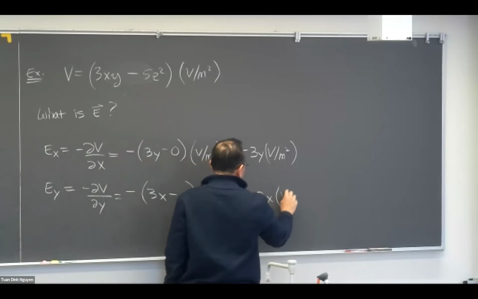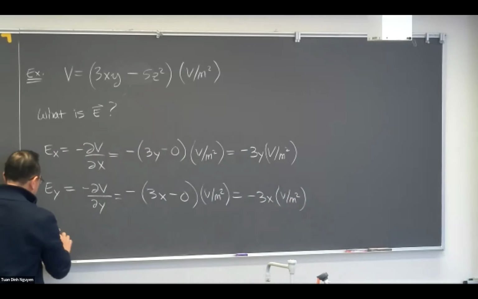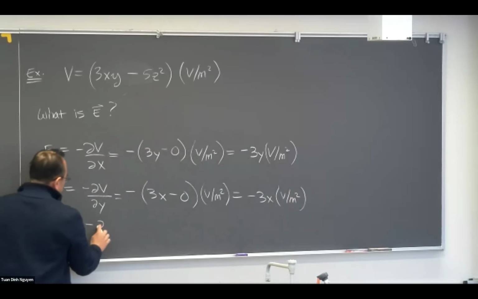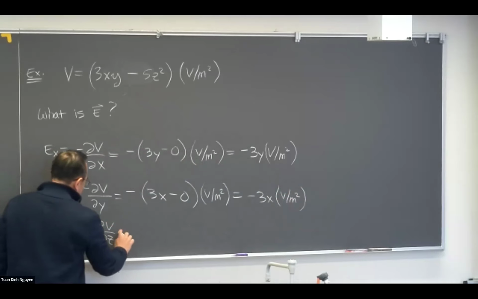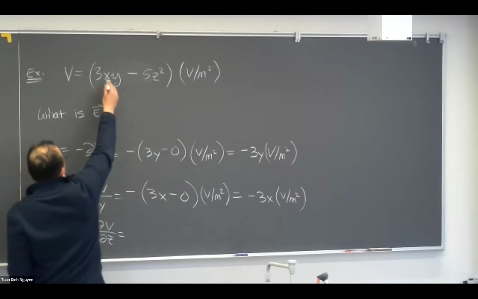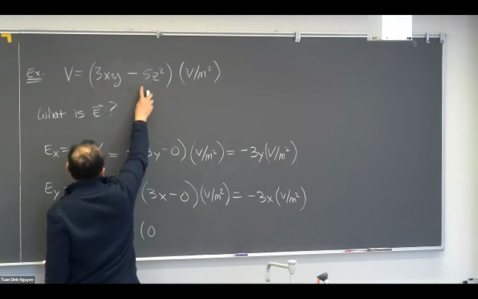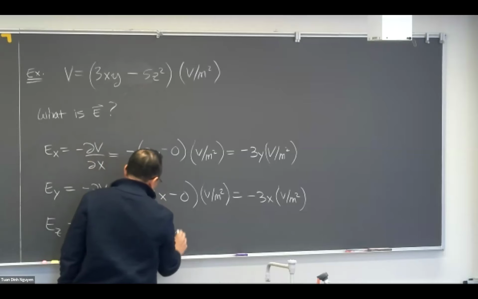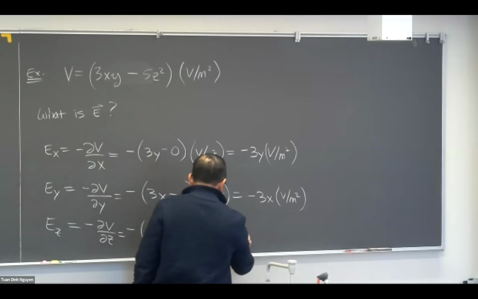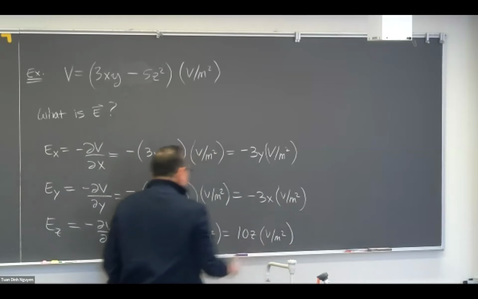So minus 3x volts per meter squared. Then Ez. What's the partial of V with respect to z? What's the derivative of this first term with respect to z? 0. And you get the idea. And then this one, there's the z, and we have 10z volts per meter squared.